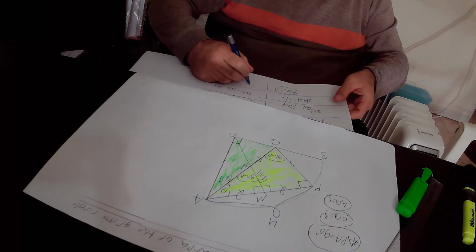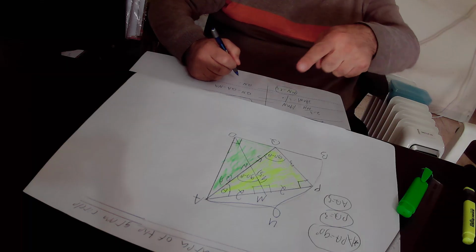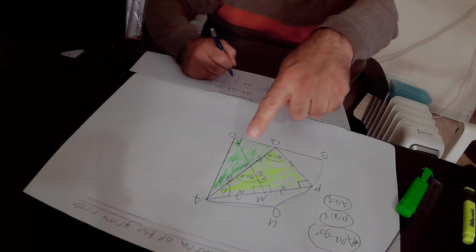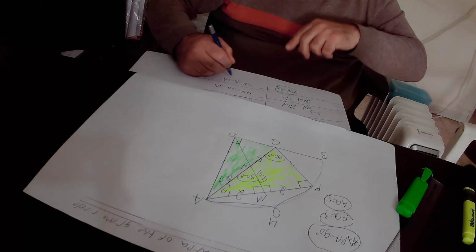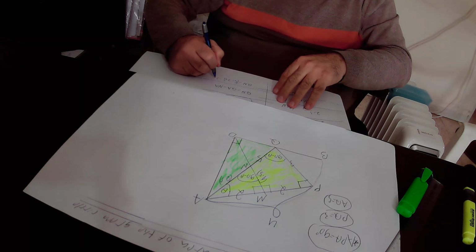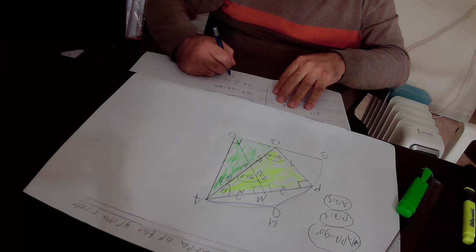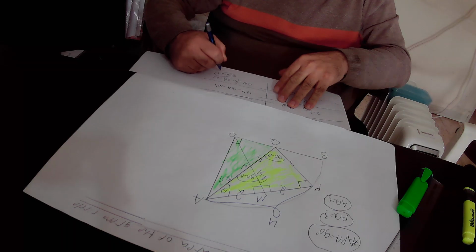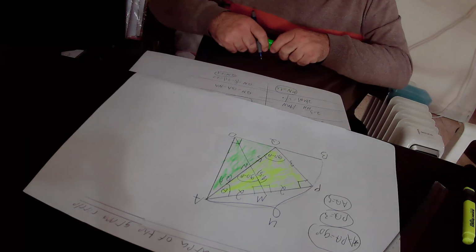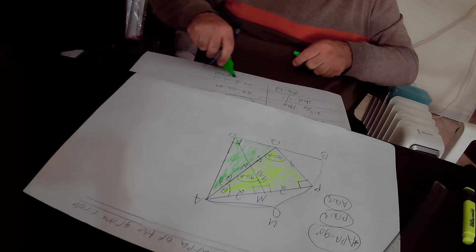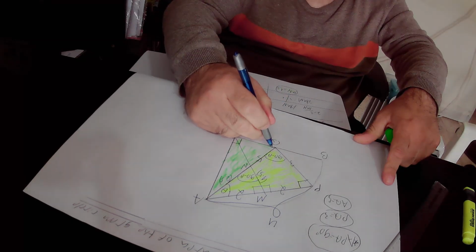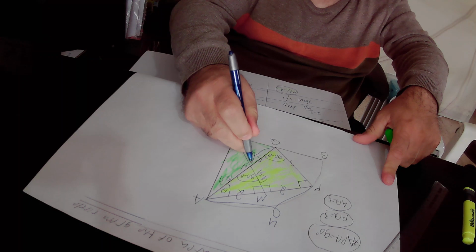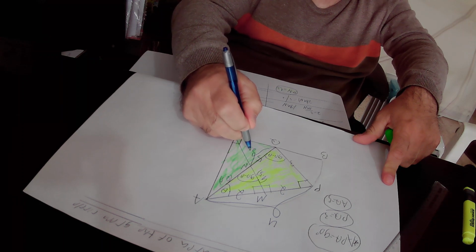So QN equals QA, that is 5, minus NA, that is 2.5. 5 minus 2.5 is 2.5. In conclusion, I found out that the length of line segment QN is 2.5. QN equals 2.5 units in its length. So I write it down.